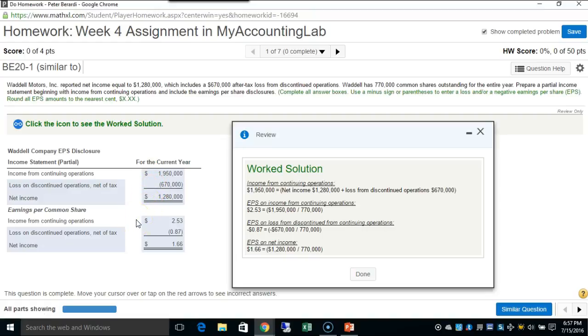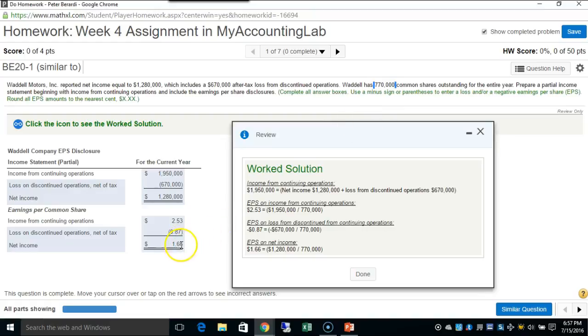The earnings per share on income from continuing operations is going to be the $1,950,000 divided by the 770,000 common shares. The earnings per share on loss from discontinued operations is going to be the $670,000 divided by the same 770,000 common shares.